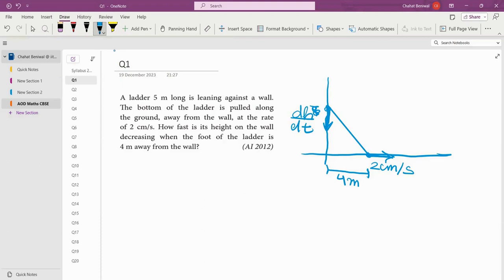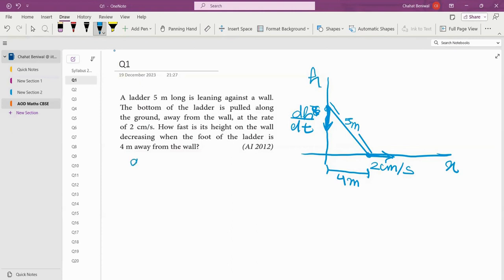What do we know? We know the length, which is 5 meters, and we want the rate of height. Let's consider this as h and the bottom as x.